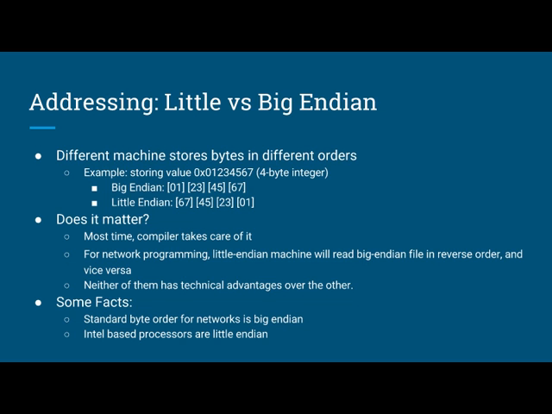In a little endian machine, because all bytes are set in this order, when the file is transferred through the network to a big endian machine, the big endian machine will start reading from the beginning part of the file, which is 6, 7 instead of 0, 1, so it will read it reversely, and it will get weird.